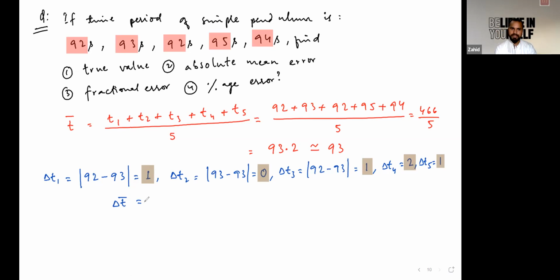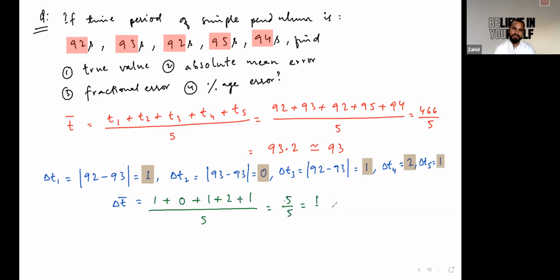Suppose you put delta in this part, it will be 1 plus 0, 1 plus 1, whole divided by 5. It will be 1 plus 1, 2 plus 2, 4 plus 1, 5. So it will be 5 divided by 5, just 1.